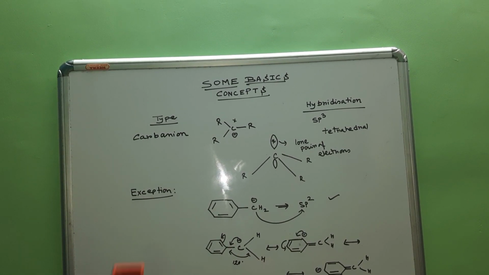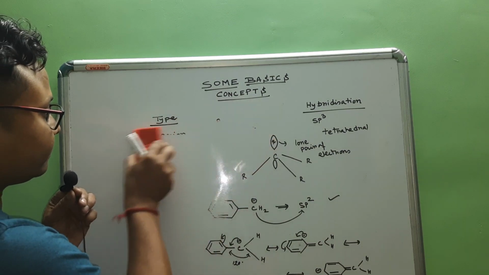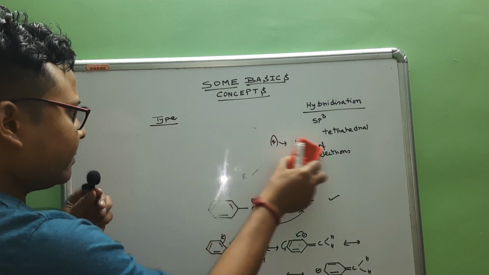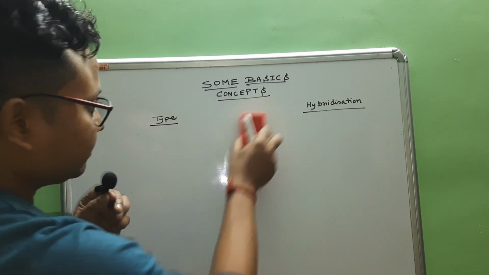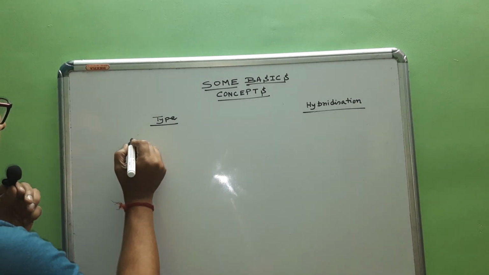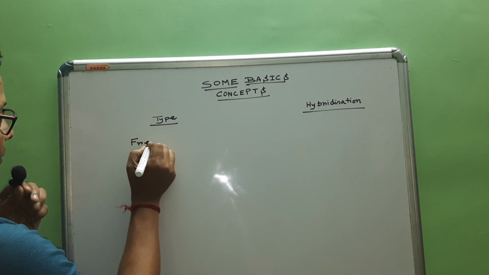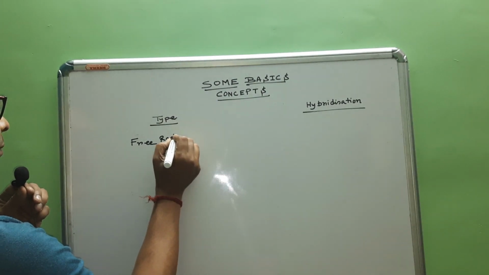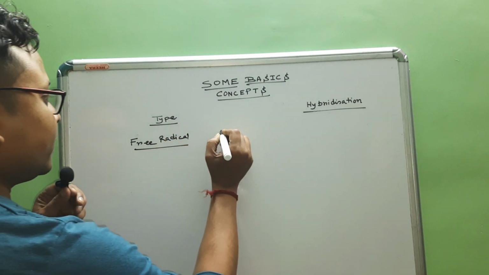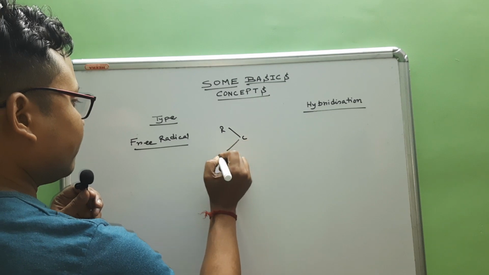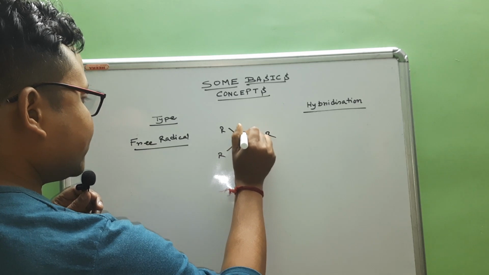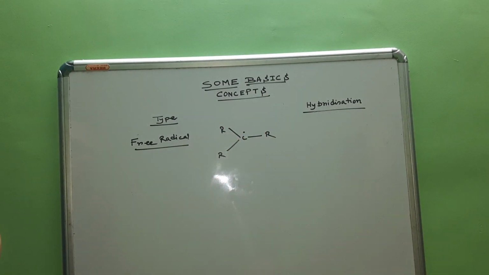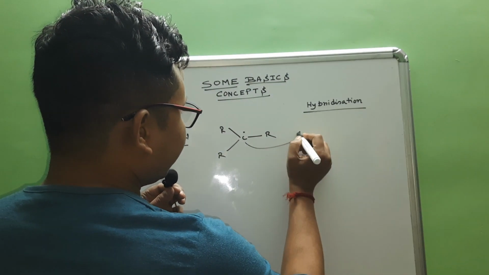Now I am moving to the free radical. It is very easy. Free radical means the carbon atom contains a single electron, an unpaired electron. What is the hybridization of this carbon atom?